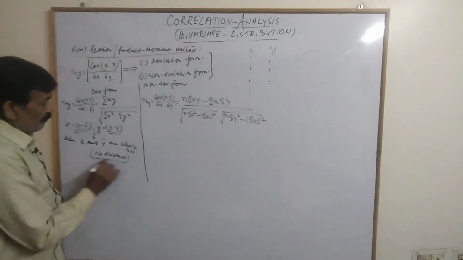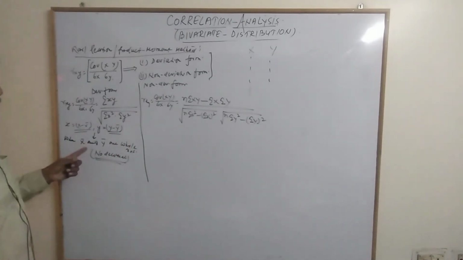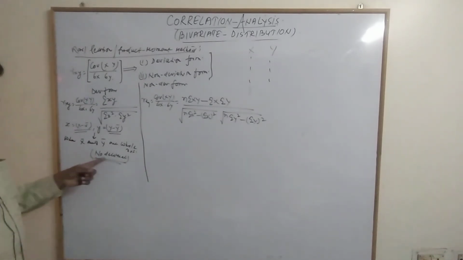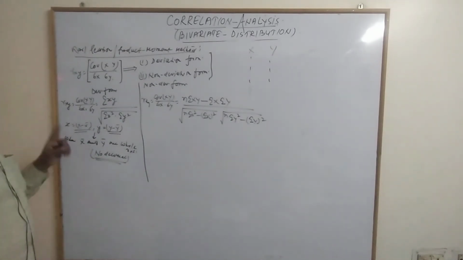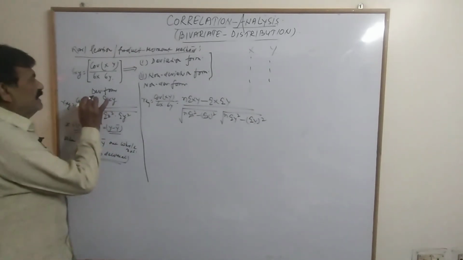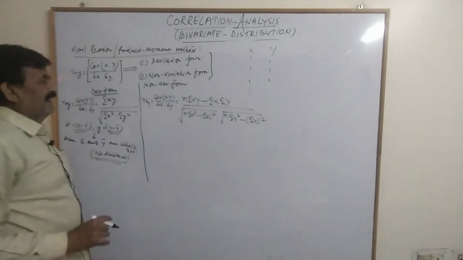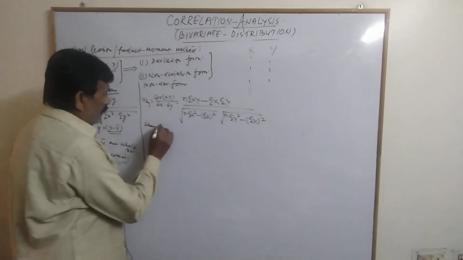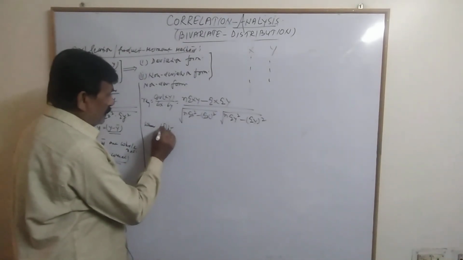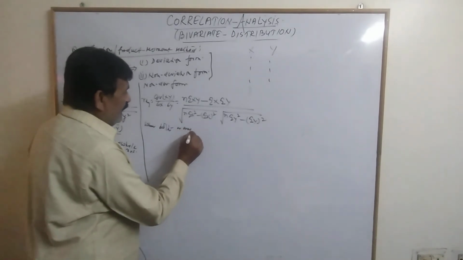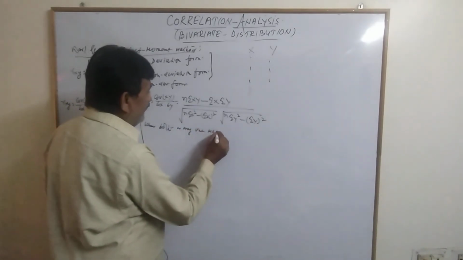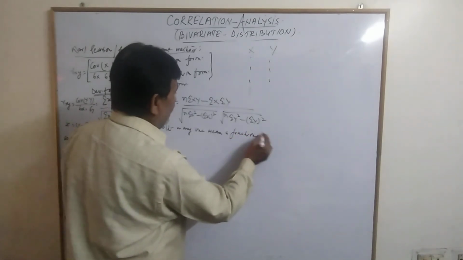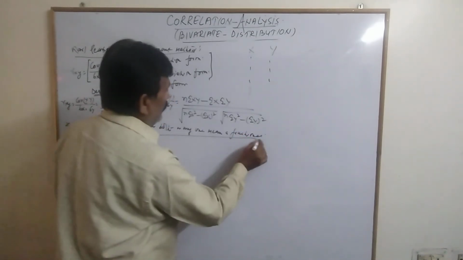So if x bar and y bar turn out to be whole number integers without any decimal, then we must go for the deviation form of Karl-Pearson. And in another case, when both or any one mean is fractional, then we must use non-deviation form.